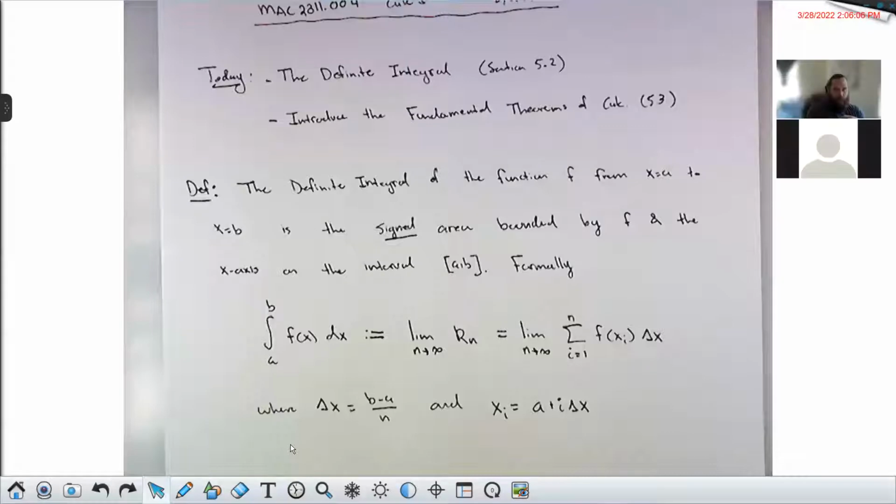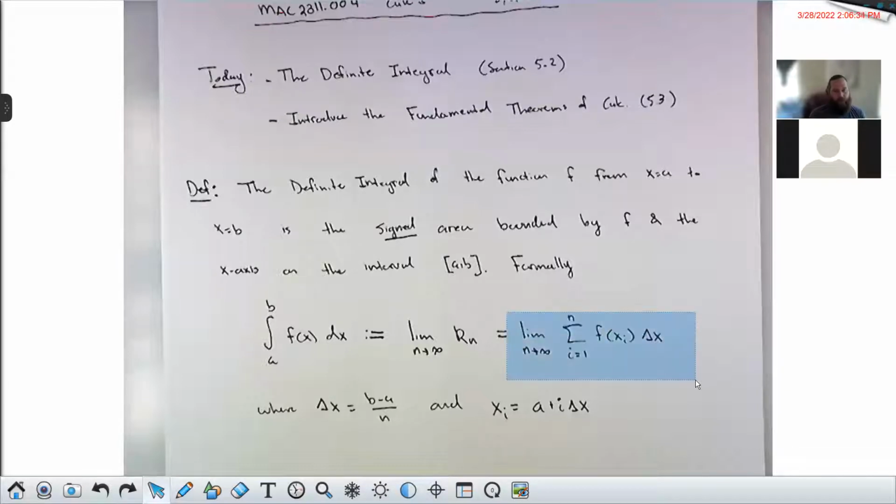Really, the only difference here compared to what I was talking about on Friday of last week is the underlined word there, signed area. So no longer am I assuming that f is positive. Also, no longer am I assuming that f is continuous. Turns out this can be defined perfectly reasonably well for even discontinuous functions, as long as the discontinuity is not too bad.